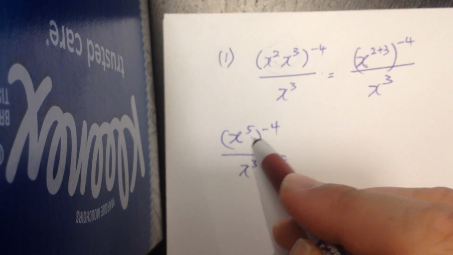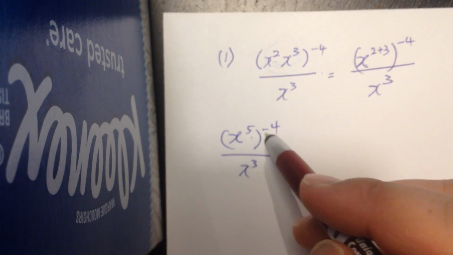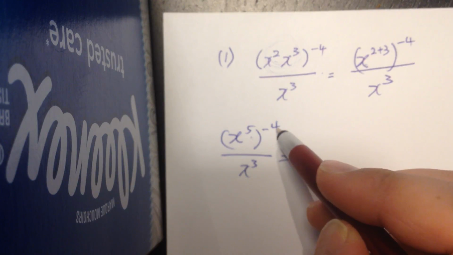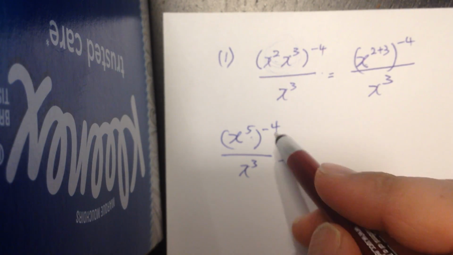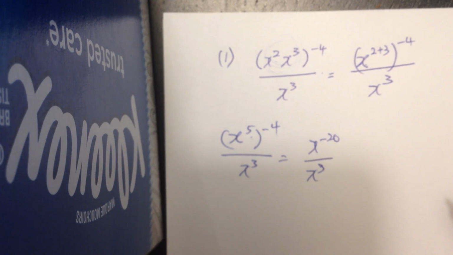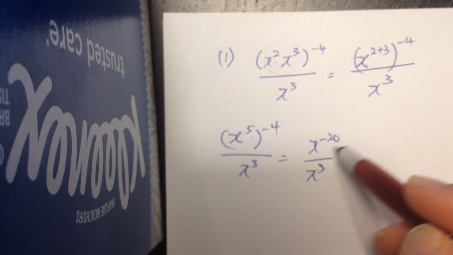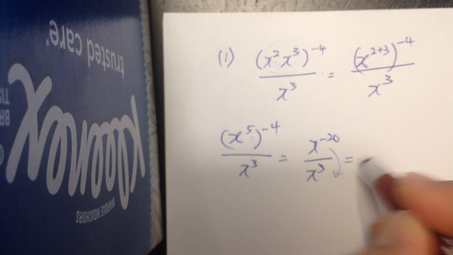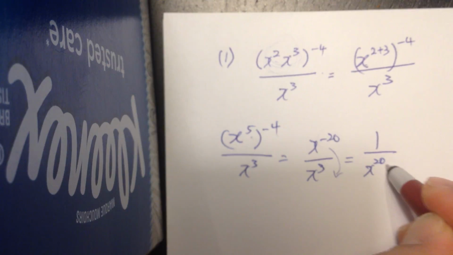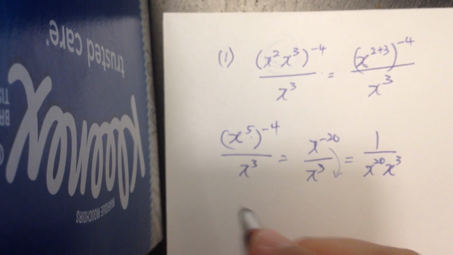And of course, after the parentheses, by the PEMDAS, I'm going to do the exponents. And of course, because of the negative, you have to bring it down. Which is this. Okay, so that's the answer.